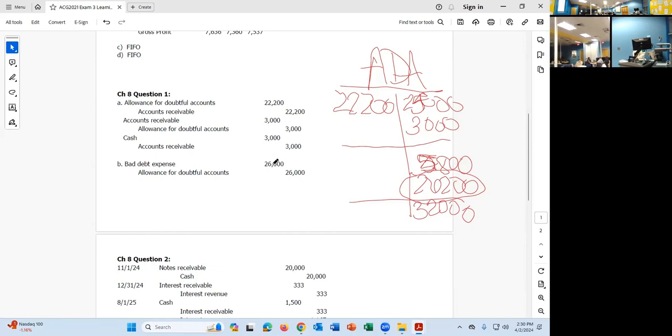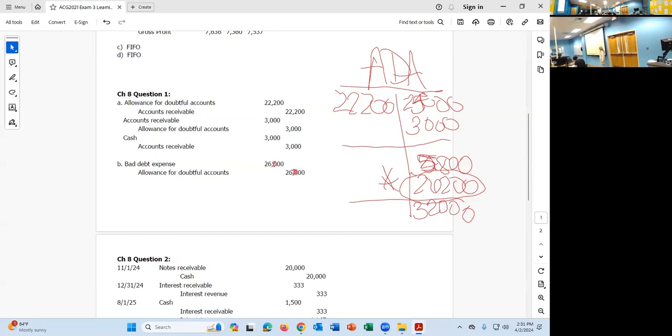Actually, that bad debt expense, when we're using the aging of accounts receivable method, that bad debt expense that we record is always whatever needs to be added to the allowance to get to the balance we need.